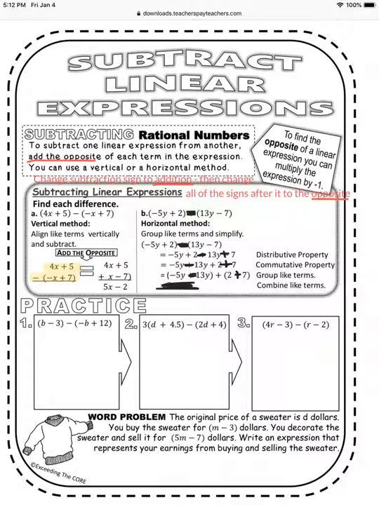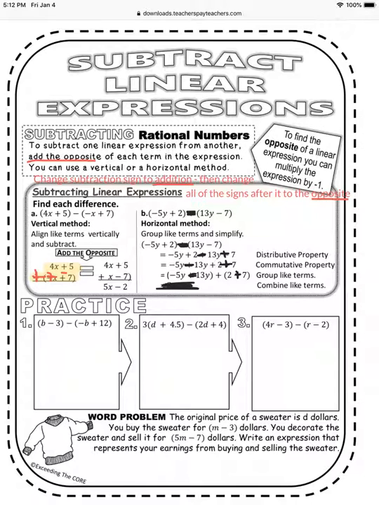So the negative x now becomes a positive x, and the positive 7 now becomes a negative 7.